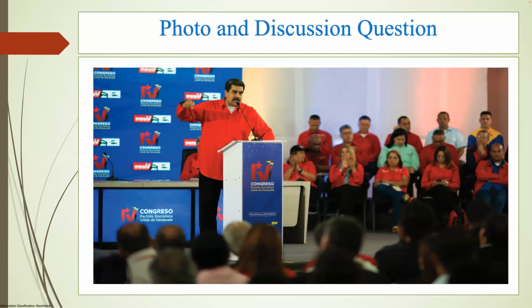If you look at this photo, that is the Venezuelan president shown here. That is Nicolas Maduro, who became president in 2013 after the death of Hugo Chavez and was re-elected in 2018. So Hugo Chavez initiated a socialist revolution by confiscating over 1,000 farms and companies in Venezuela.